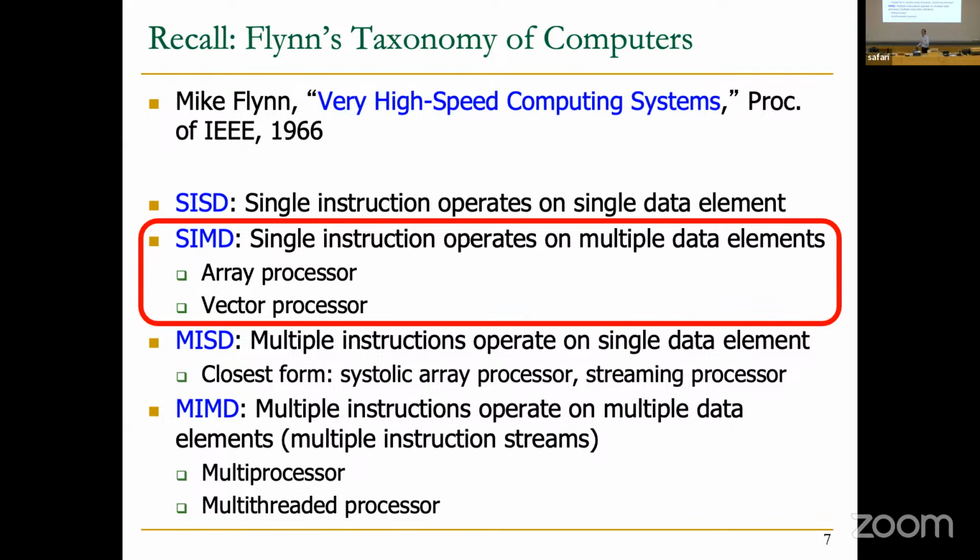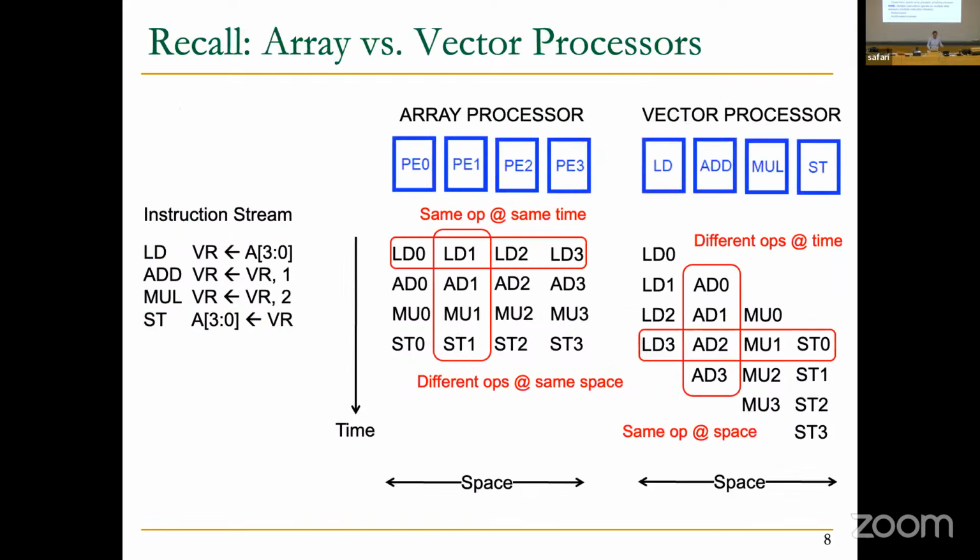If you get the trick question in an interview, for example, if someone asks you, is a GPU a vector processor? You say yes. Is a GPU an array processor? Yes. Except it's programmed in a completely different way, as we will see today, compared to traditional SIMD. And just to jog your memory, what's an array processor, what's a vector processor? Essentially, both have multiple processing elements, and they can execute multiple operations at a given time.